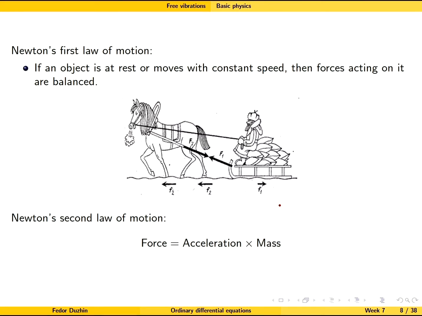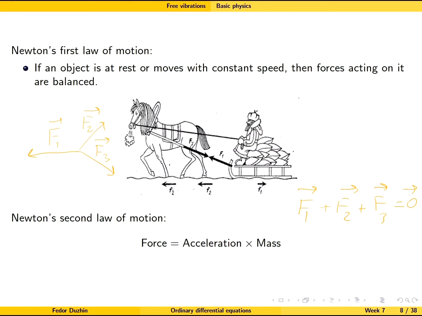By balanced forces, I mean that all forces are vectors, so forces are like arrows, and the sum of all the forces as vectors acting on an object is 0. So this is the first law of motion.